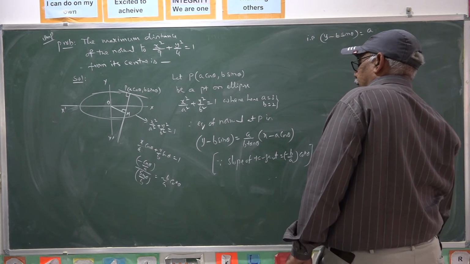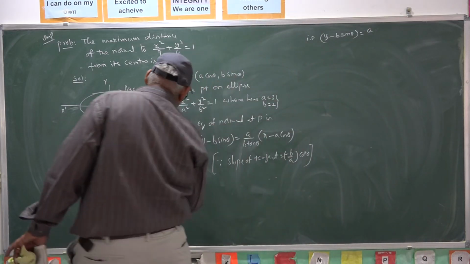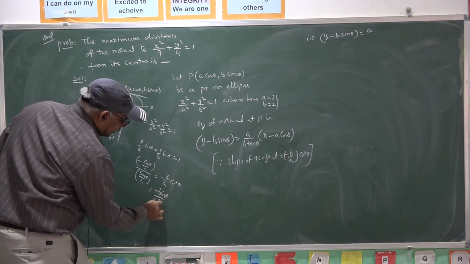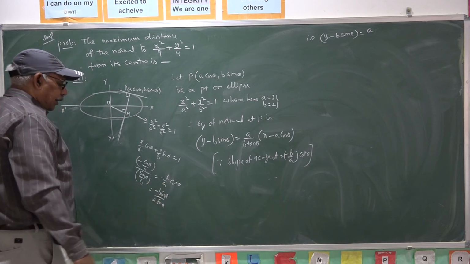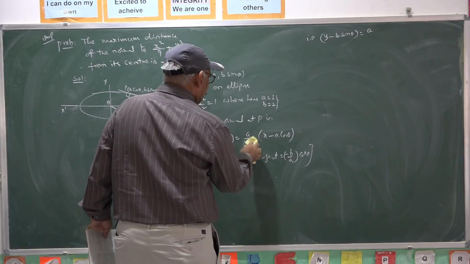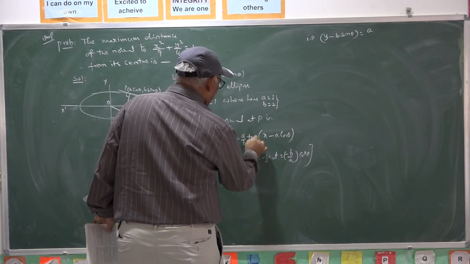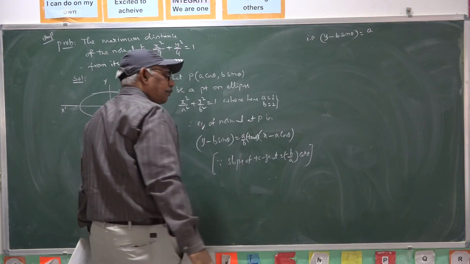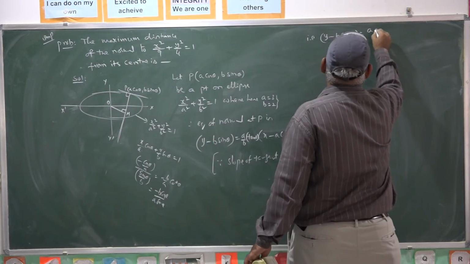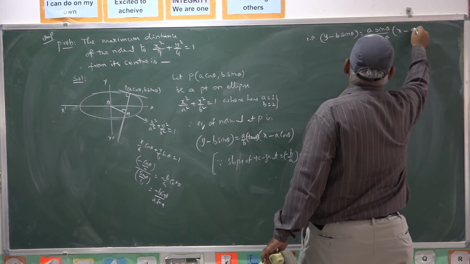Here tan theta is sin theta by cos theta, so 1 by tan theta is written in the numerator. Now that is a sin theta by b cos theta into x minus a cos theta.